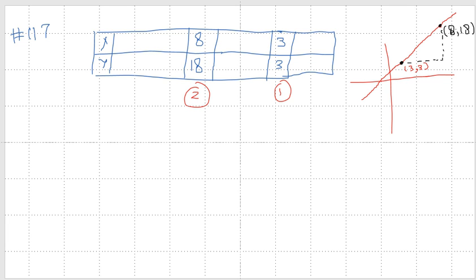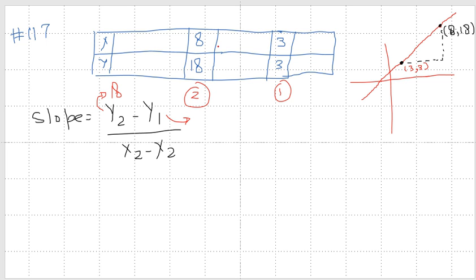And we find that the difference of y's, point number 2, so I like to say y2 minus y1 divided by x2 minus x1. Let's substitute these values. What is y2? y2 is this value, 18. What is y1? y1 is this value, which is 3. What is x2? x2 is 8.